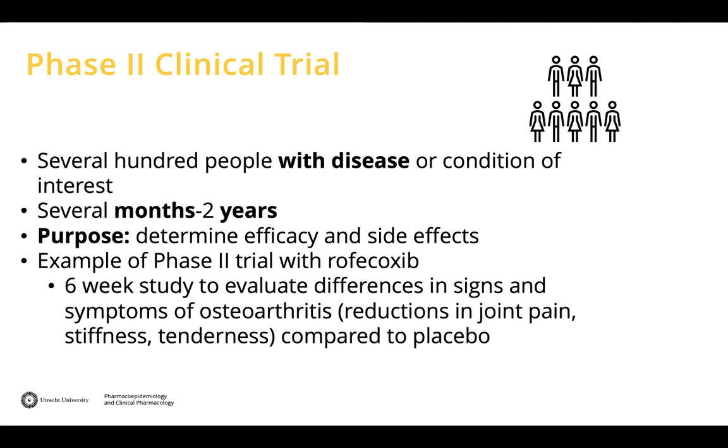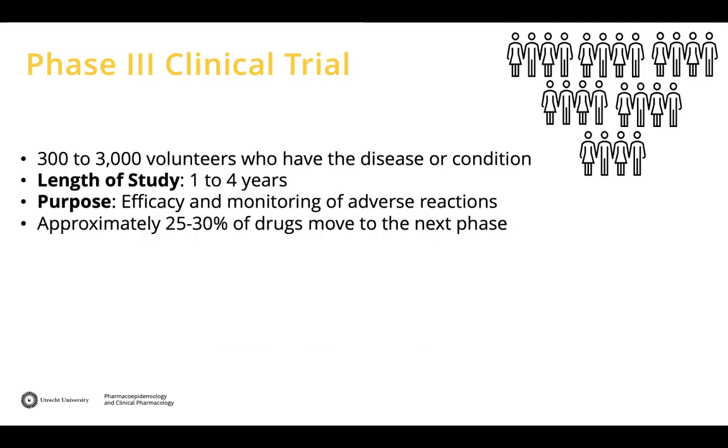So efficacy is related to reductions in joint pain, stiffness, and tenderness, and this was compared to placebo. So phase 2 clinical trials are sometimes compared to placebo and sometimes they're not. It depends on the specific type of clinical trial, medication, and condition of interest that's being studied. So those are phase 2 clinical trials.